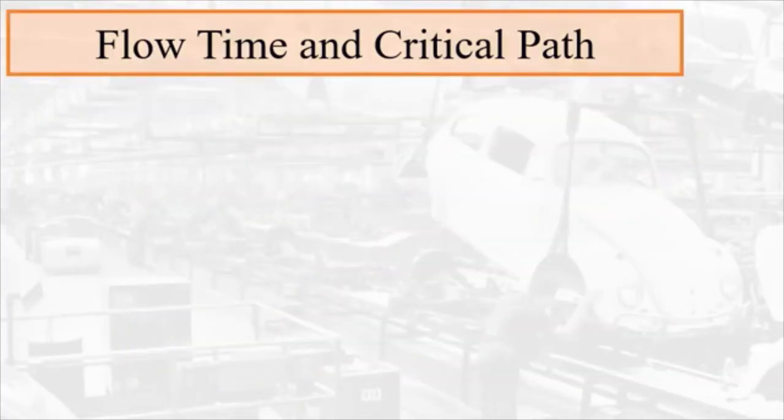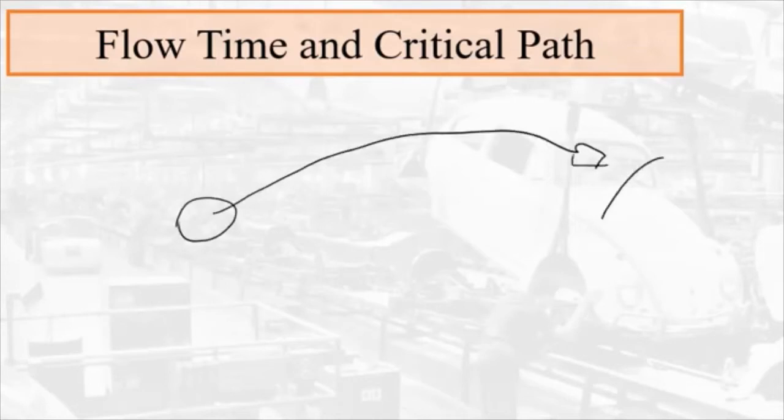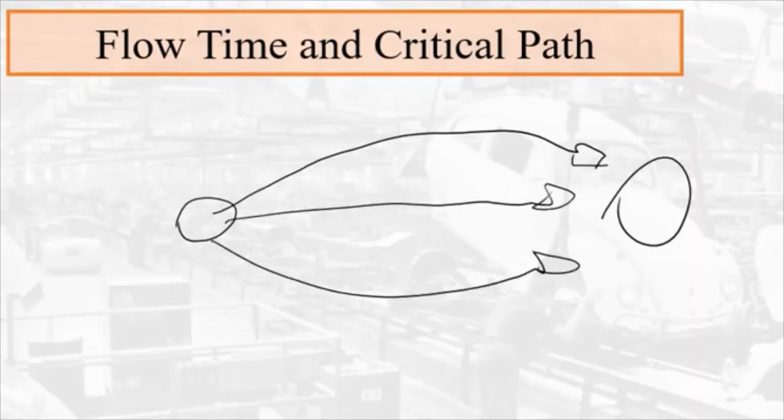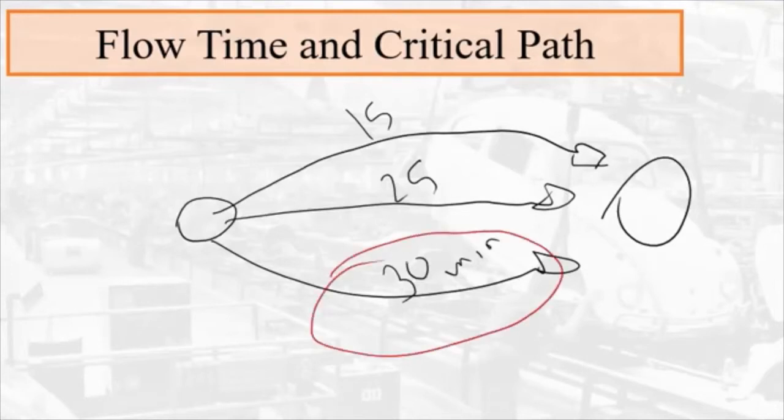So why is the critical path so important? Let's look at three different paths here. Let's say this path takes 15 minutes, this one 25 minutes, and this one 30 minutes. Now the 30-minute path is going to dictate how long the process is. So if we want to reduce the process time, this is the path we need to tackle.